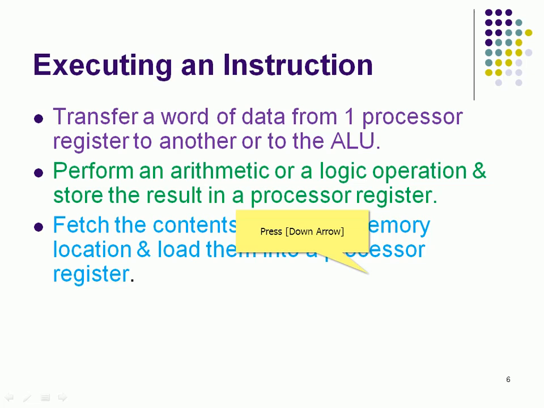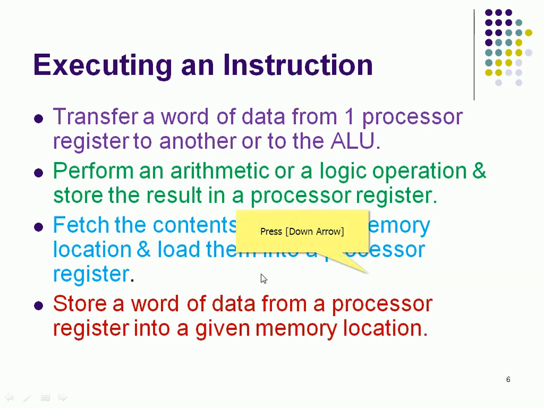It has to be received by the MDR or IR. Let us see when IR and MDR will be happening. Store a word of data from a processor register into a given memory location.